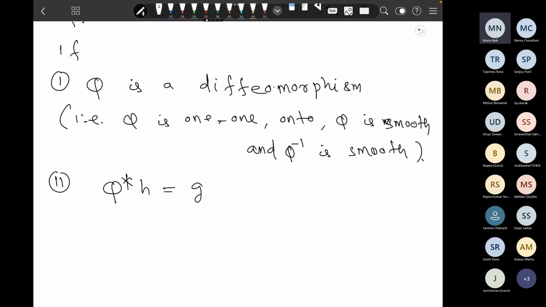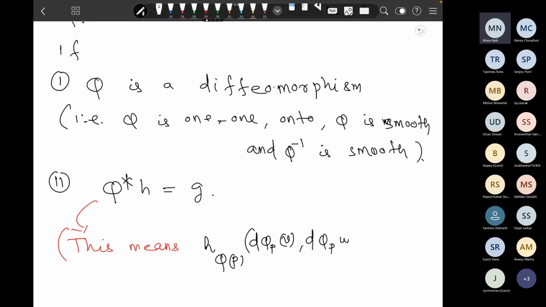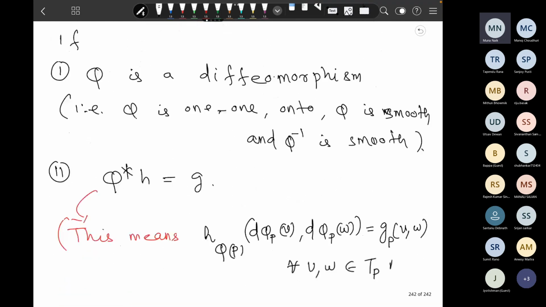Okay, I have not explained this, but what does that mean? This means, g is a Riemannian metric, and h at phi(p) of d phi_p(v), d phi_p(w) is equal to g_p(v, w), for all v, w belonging to T_pM.